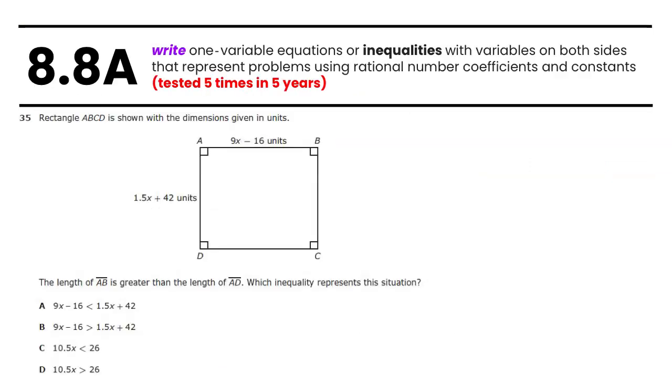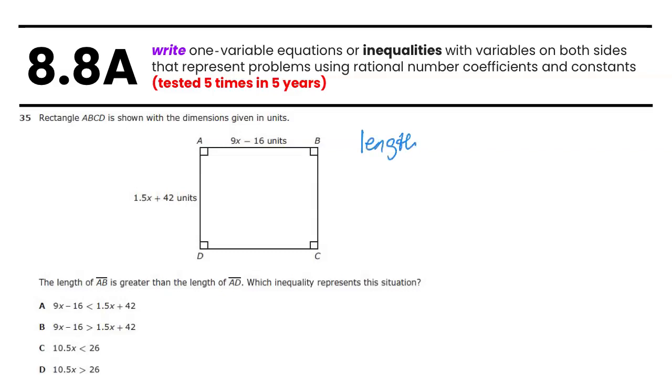In this STAR release question, we're given this geometric context of a rectangle ABCD shown with the dimensions given in units. We are told that the length of AB is greater than the length of AD, which inequality represents this situation. It's oftentimes helpful to have students write down in their own words what they need to do in order to write this inequality.